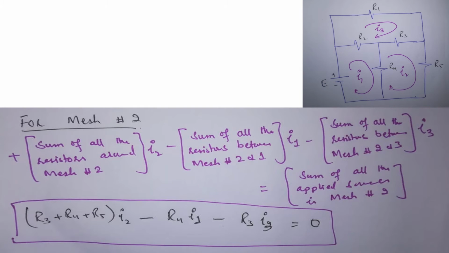Now consider mesh 2 and write the equation for mesh 2. The mesh analysis inspection method states that for mesh 2, the sum of all the resistors around mesh 2 is multiplied by I2.